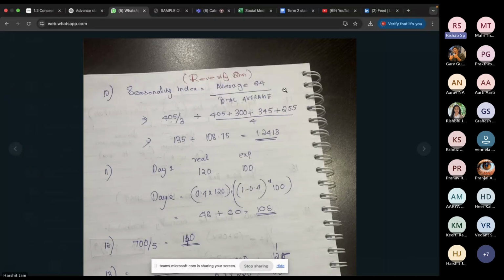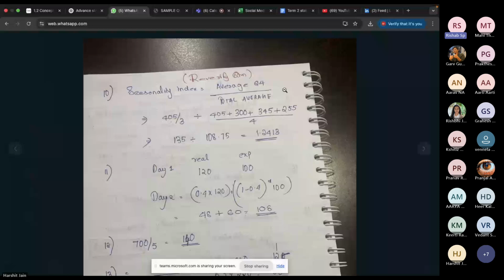So the equation is the average of Q4, those four values' average we have to take, divided by the total average. As mentioned, we have to recheck this question once more because the answers are not matching. We get 1.24, but the answer is something different.